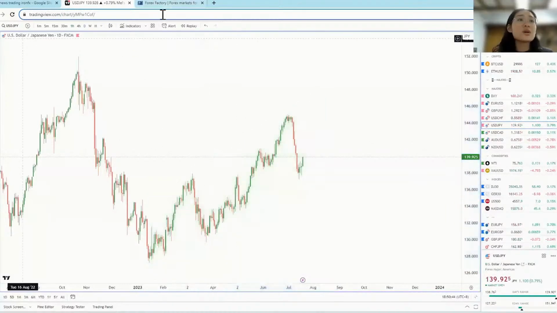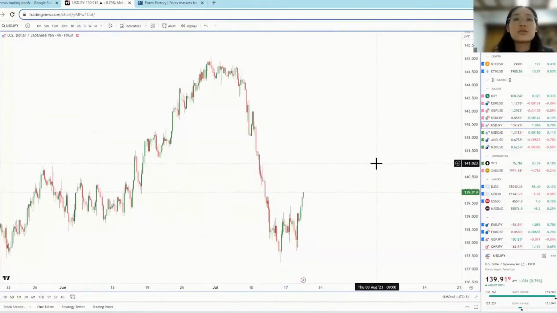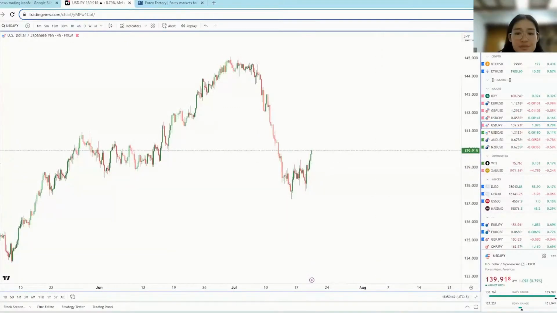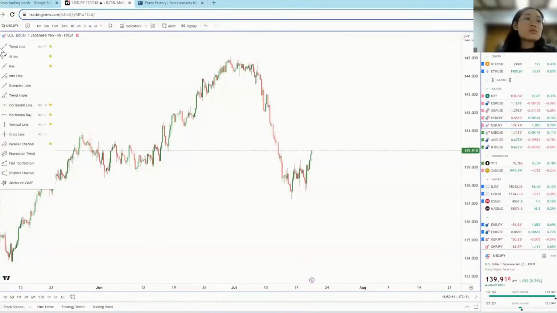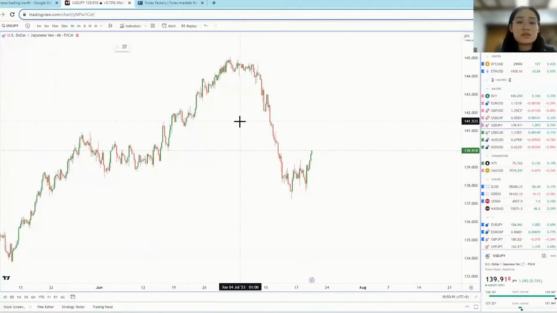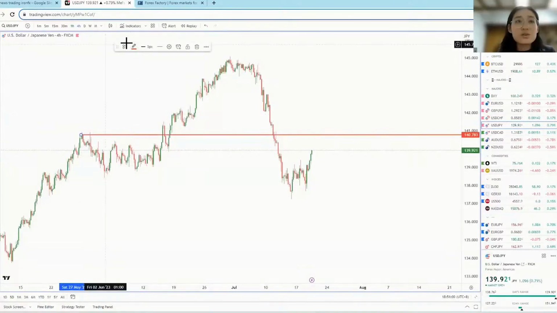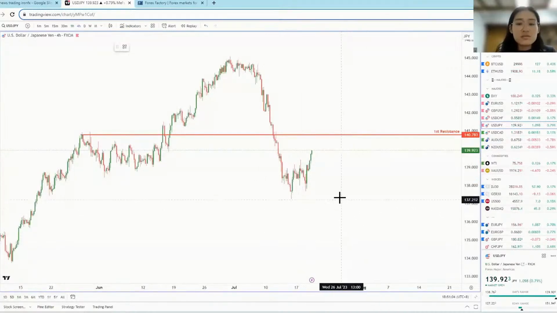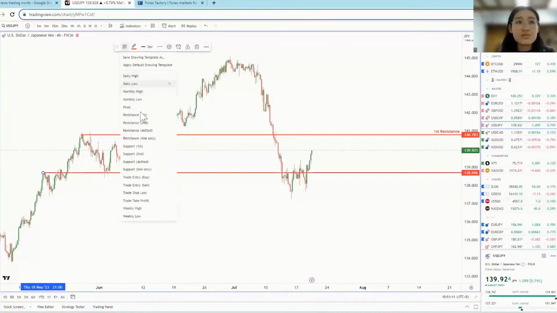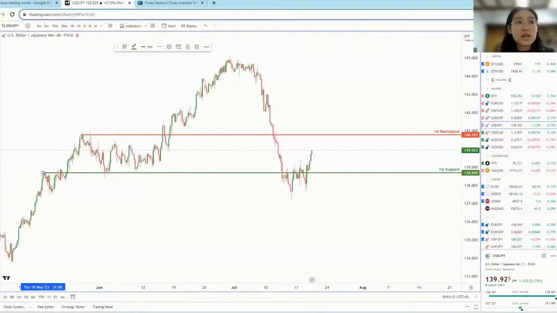Okay, now let's take a look at our 4-hour time frame. Okay, so my first resistance will be over here. First support here. And then my second support just over here.